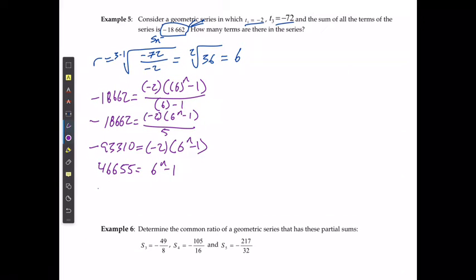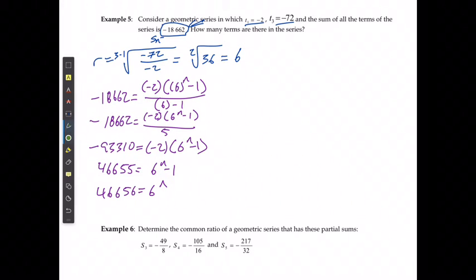Add 1 to both sides, and 46656 is equal to 6 to the power of n. And now, like we learned in the last lesson, we could just keep multiplying 6 over and over and over again until we get 46656.